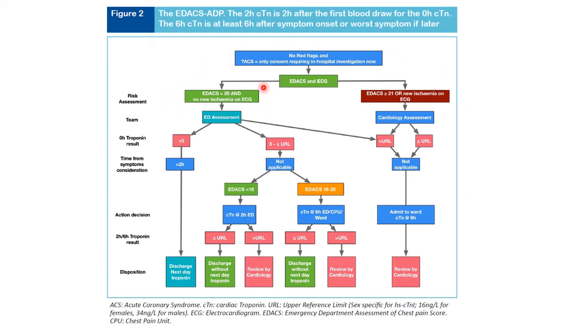For EDACS less than 20 and no new ischemia, they undergo ED assessment, and if the initial troponin is less than 5 and it's more than 2 hours from the time of symptoms, then they are discharged with a view to being further evaluated the next day. For troponins between 5 and the upper reference limit, then the further management depends upon the level of EDACS score and the results of further troponin testing. So this is the status of our pathway over several years of evolution.